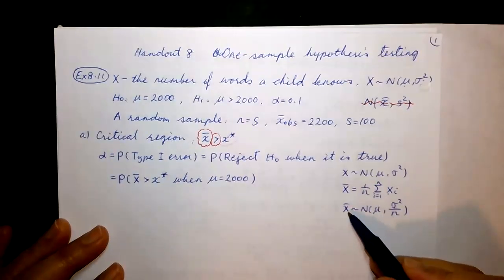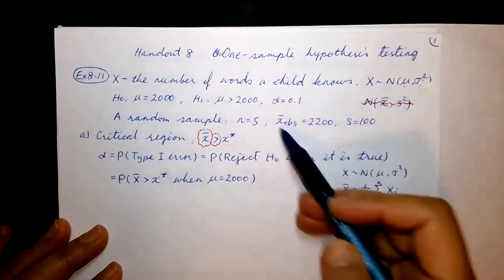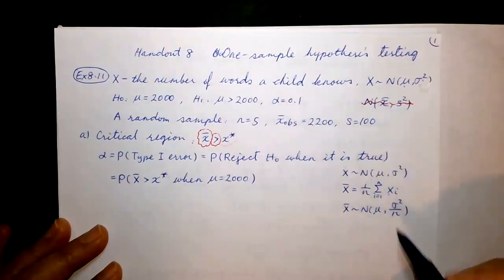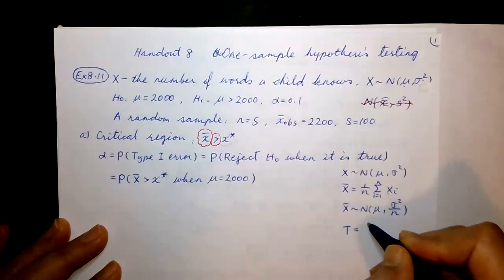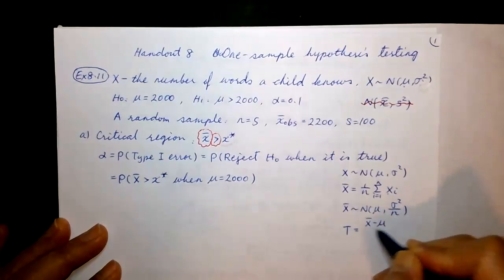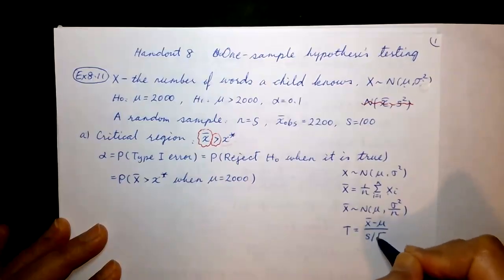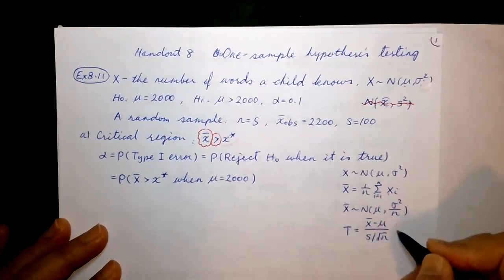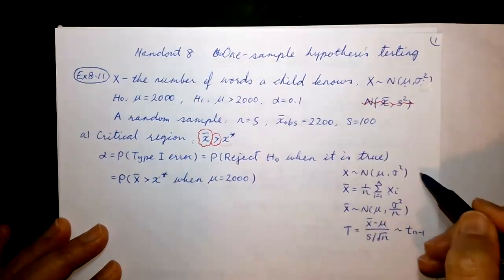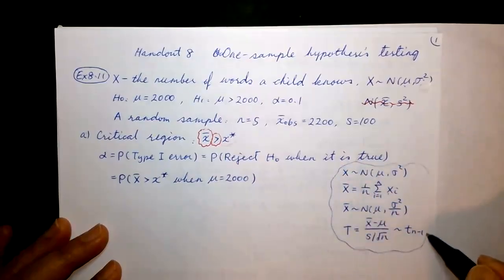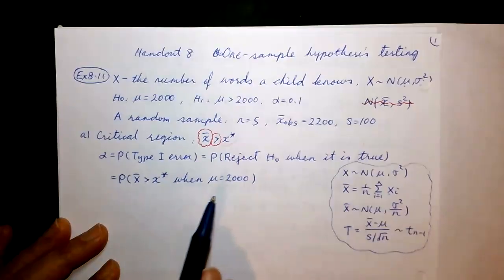However, if you standardize X bar to Z, you'll find out that sigma is not given, right? When sigma is not there, you don't standardize to Z. You use T. When you use T, here is S. I explained this when we get here, and we have to show it now.